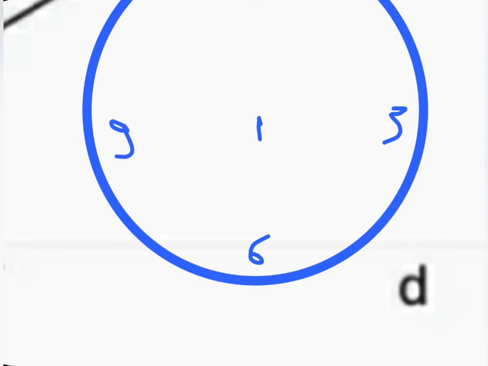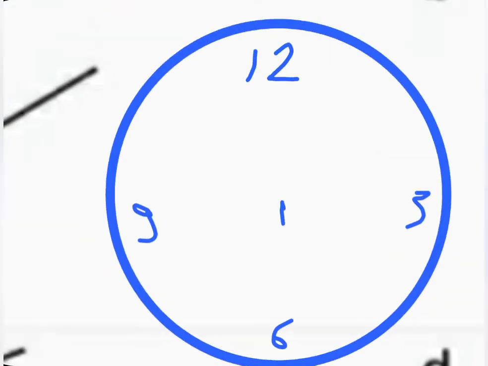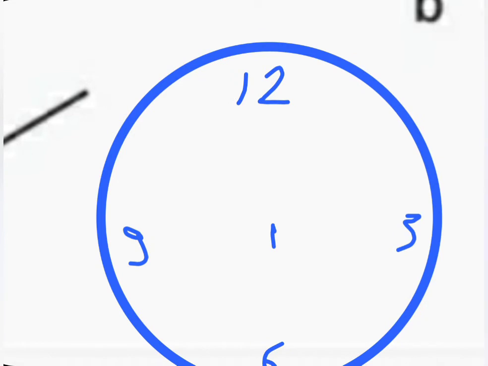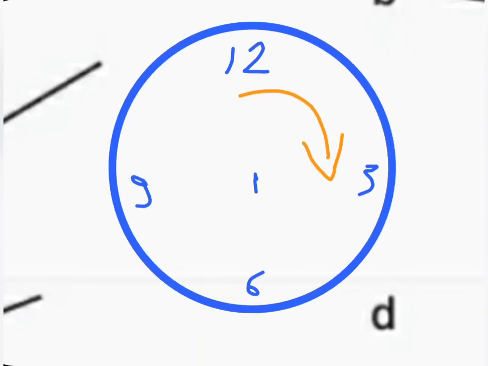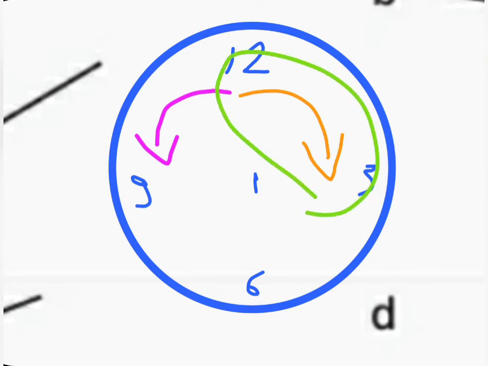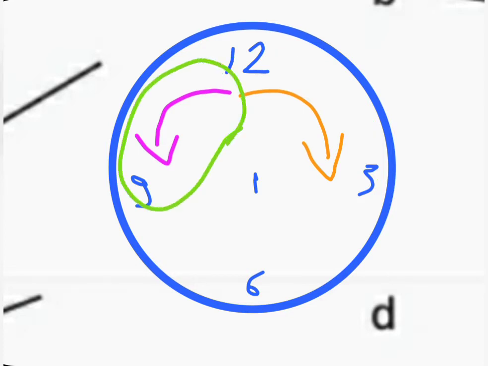So, to understand this more, we have to look where the clock goes. Now, this way is called clockwise. And the opposite one is called anti-clockwise. So, if the direction of rotation is like this one, we call it clockwise. If it's like this one, it's called anti-clockwise.